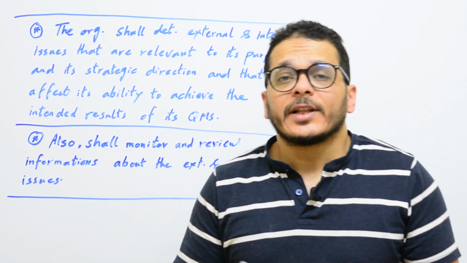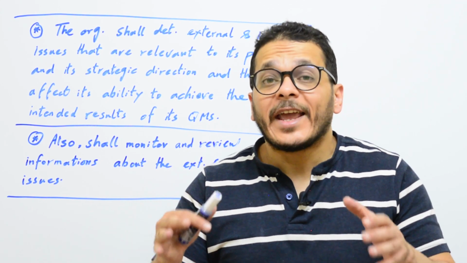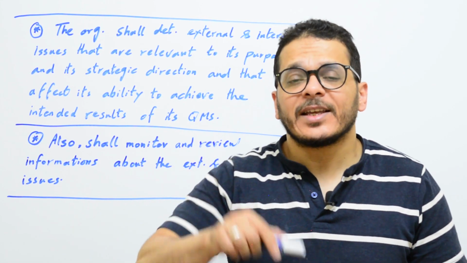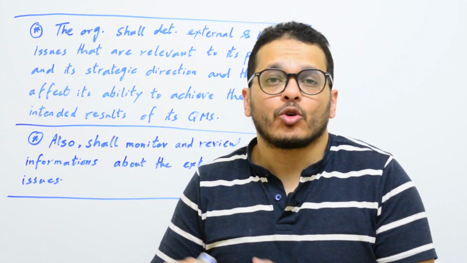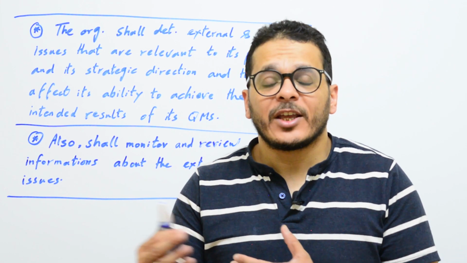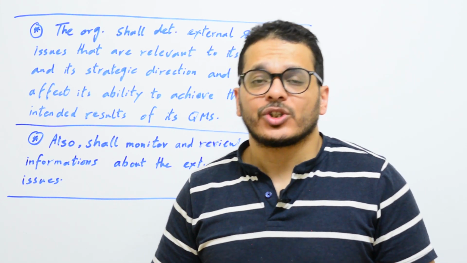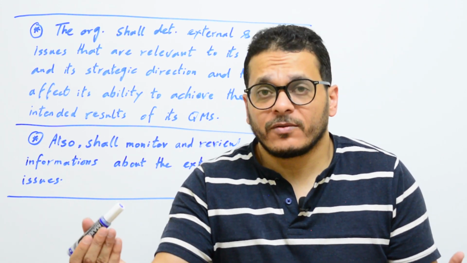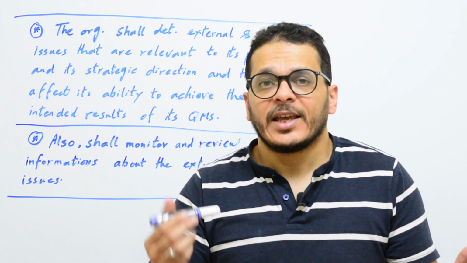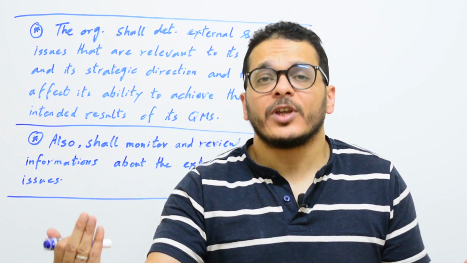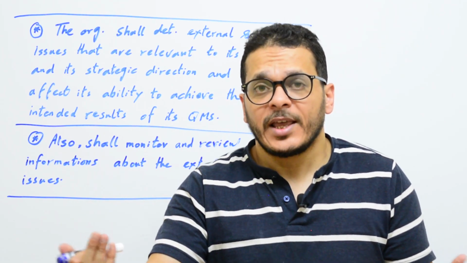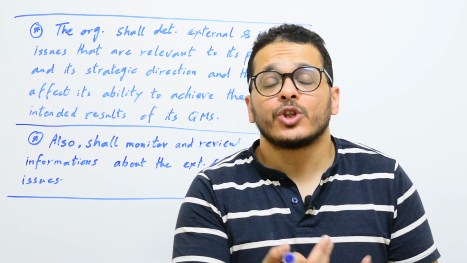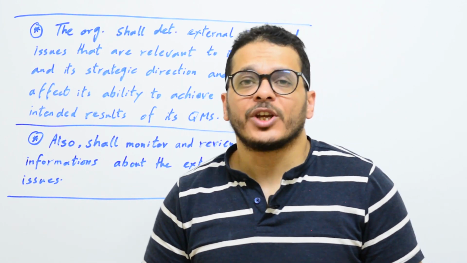So the organization shall determine all factors, all issues, whether external or internal, that may affect their approaches to achieve their objectives, and try to eliminate or reduce these issues. These issues may be positive or negative. If it's positive, this is like opportunity, and that will be used to improve or to achieve their objectives. And negative, like risk, and that should be eliminated or reduced to achieve also their objectives.